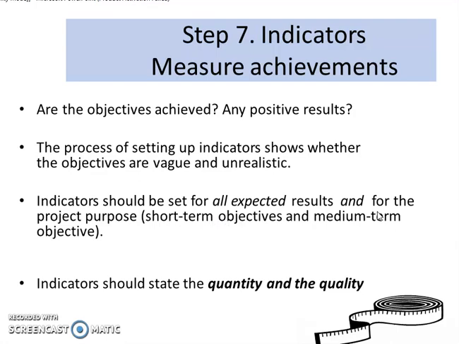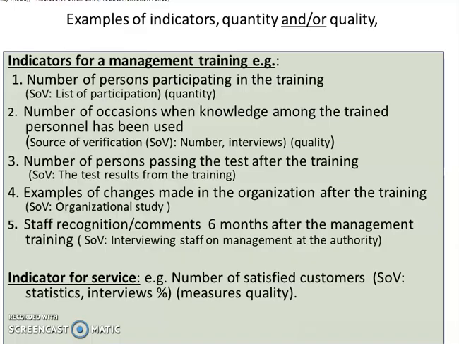Each and every result should have its own corresponding indicator. And for the project purpose, there may be short-term project objectives and medium-term objectives. Indicators should state the quality and even the quantity. So accordingly, we can measure and achieve our objective.